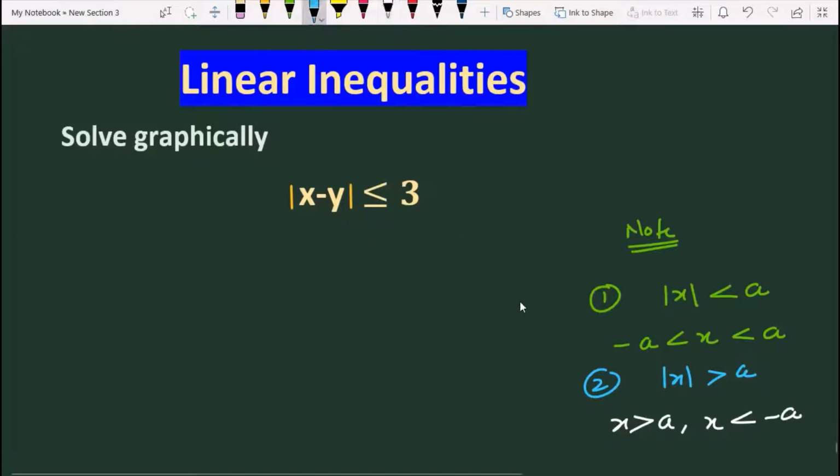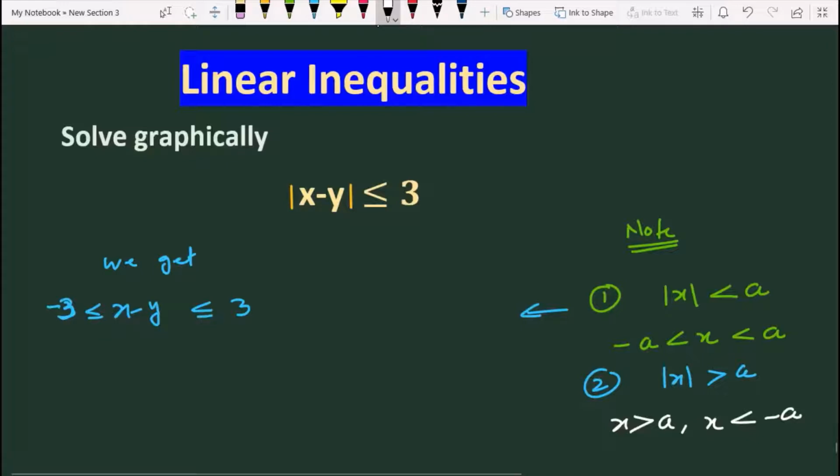So applying this concept, we get x minus y greater than or equal to minus 3 and less than or equal to 3.